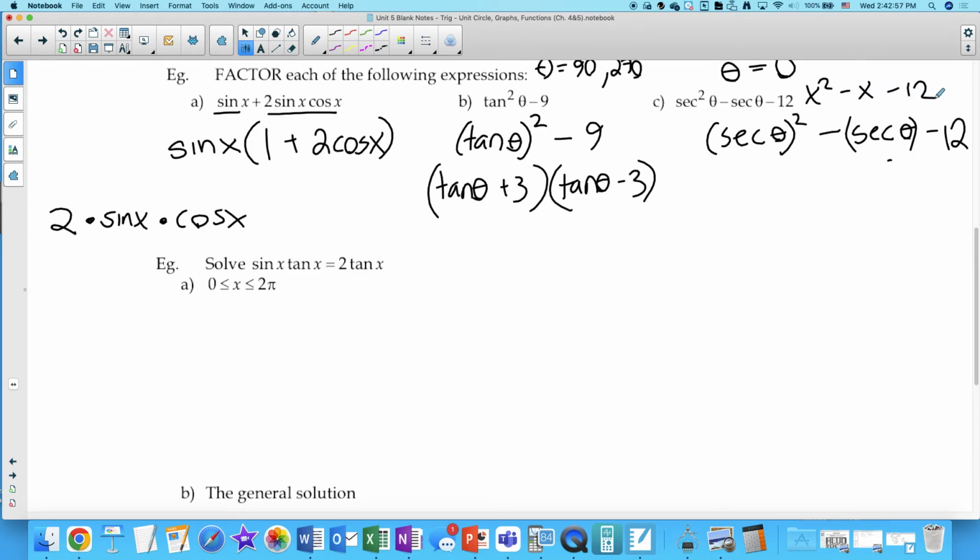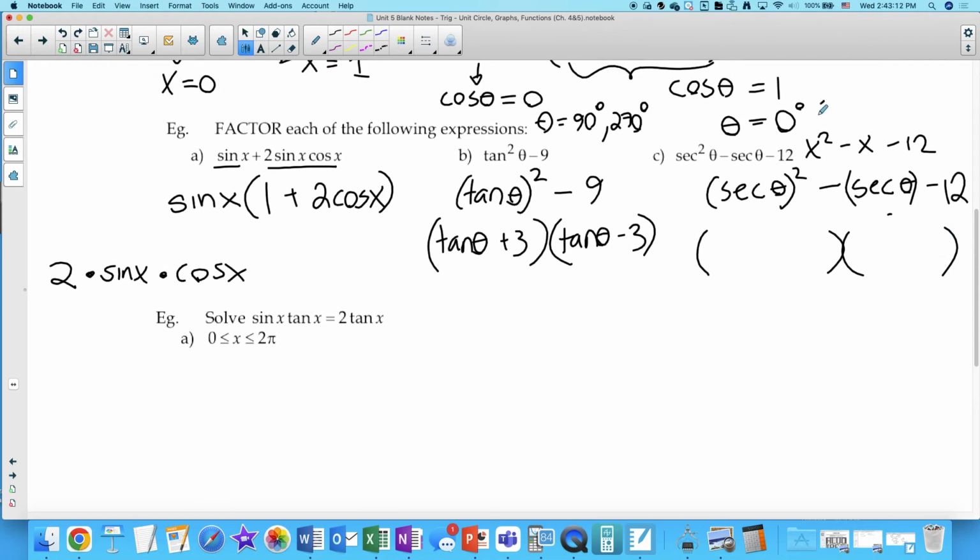So this is x plus 3 times x minus 4. So this one is going to be, instead of x, secant theta plus 3 times secant theta minus 4.